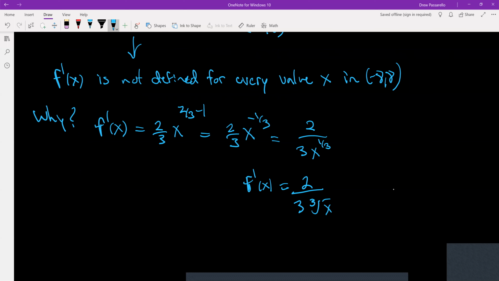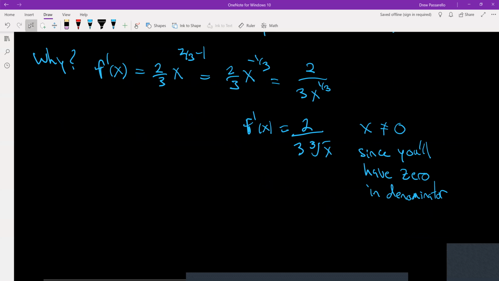So we can't have x be 0, right? Because then you would have 0 in the denominator. And that's a problem because 0 lies inside of our interval -8 to 8.